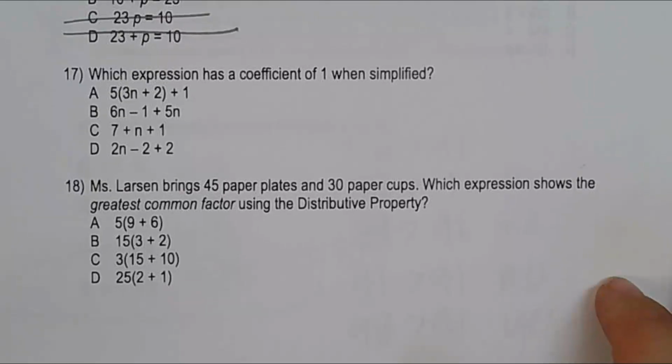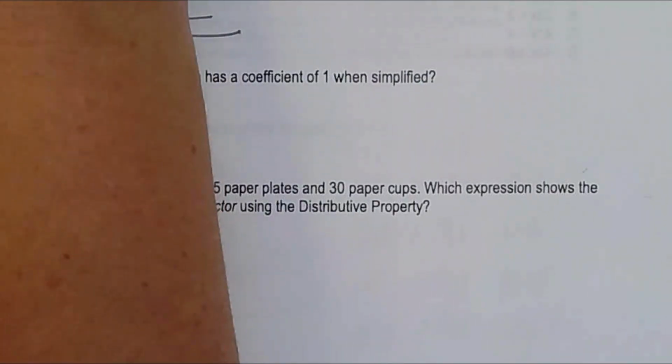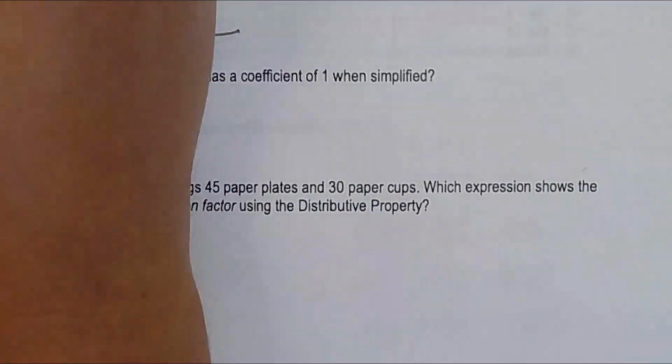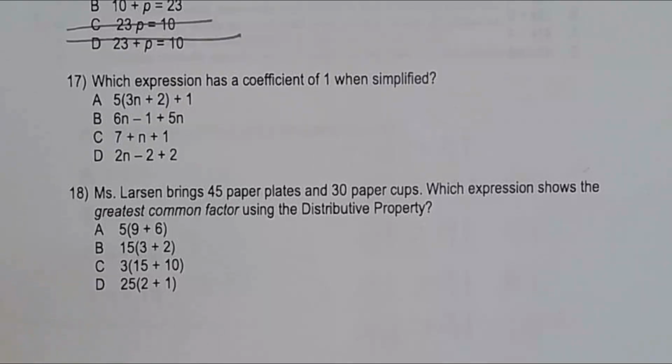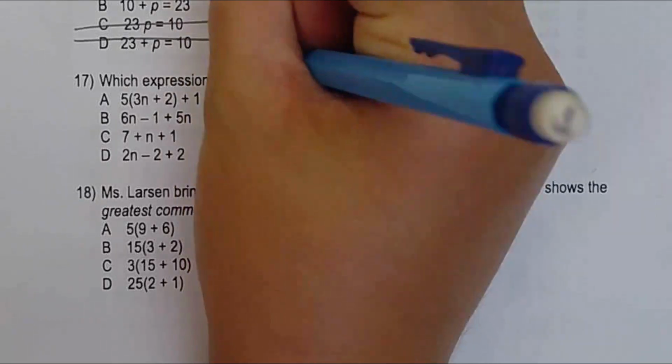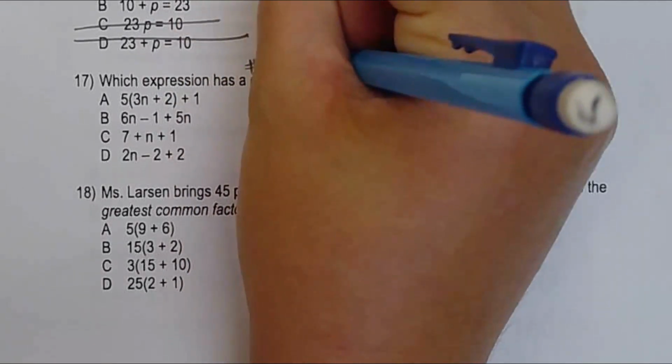Okay, looking at my next one. Y'all ready? Yes, ma'am. Which expression has a coefficient of 1? You had to remember that a coefficient is the number before the variable.